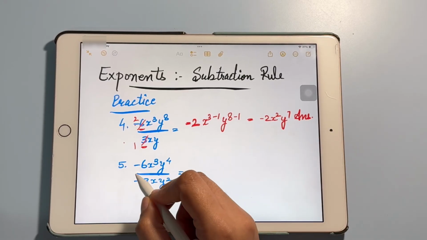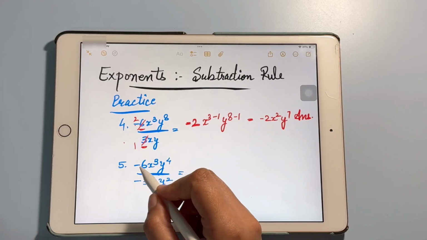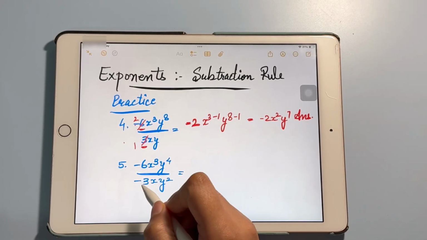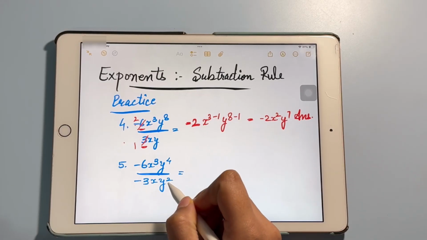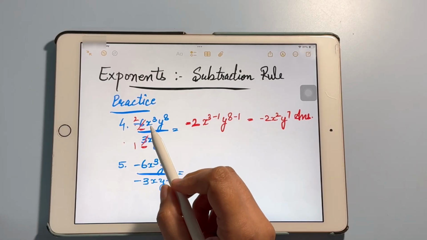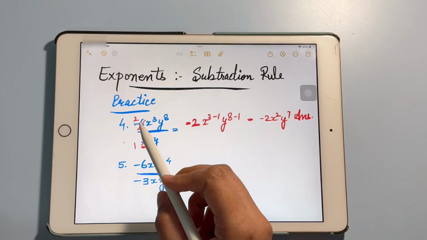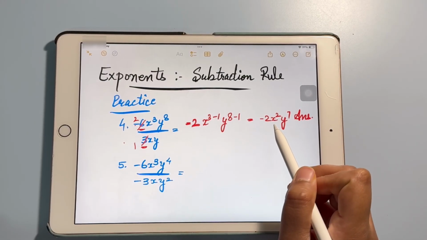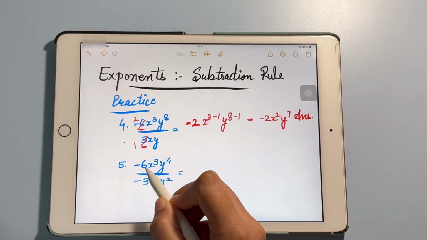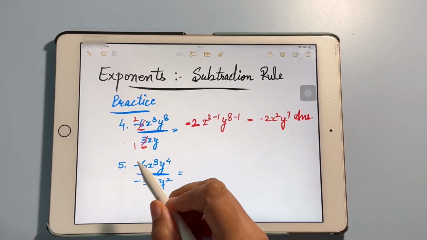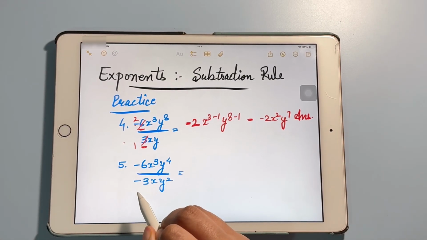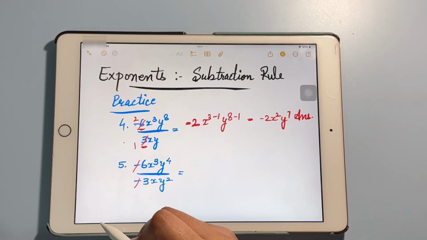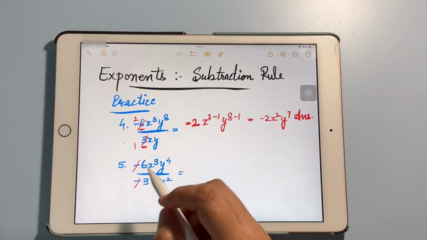Okay, look at the next one. Here we have minus 6x cube y raised to power 4 upon minus 3xy square. In this sum we have only one negative sign, so its answer contains a negative sign. But if we have two negative signs, one in the numerator and the other in the denominator, then these negative signs will cancel each other out.